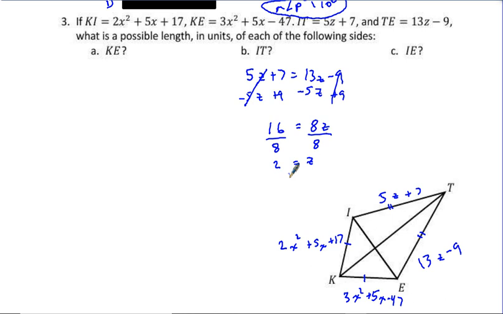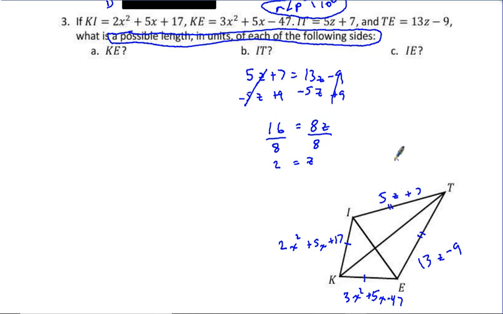We have not answered the question though, because the question is asking what is a possible length of the sides. And all I have found is the value of z in this equation.